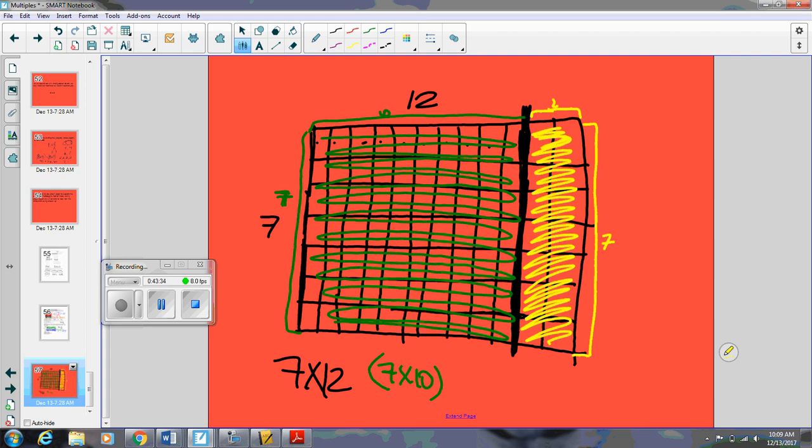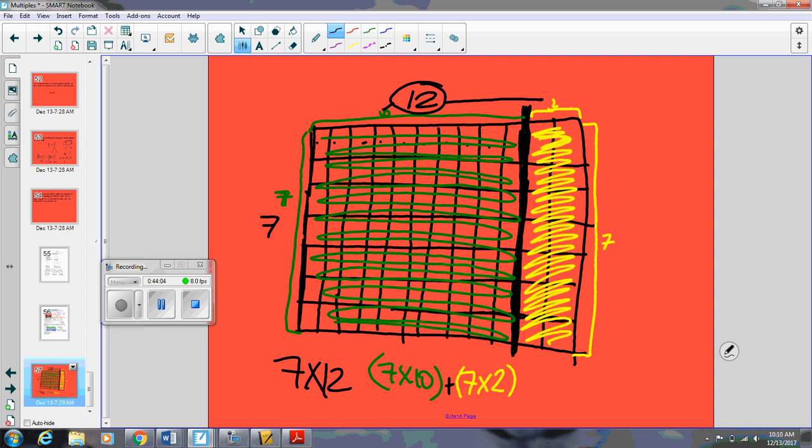What's going to be the equation? 2 times 7. Yep. Or 7 times 2, however you want to say it. Whatever makes your brain happy. Can you see how I broke up my 12 into 10 and 2? Do you see what the picture looks like now?